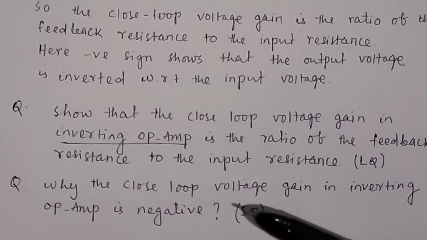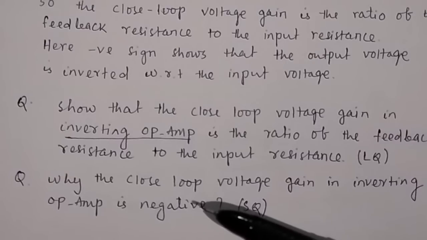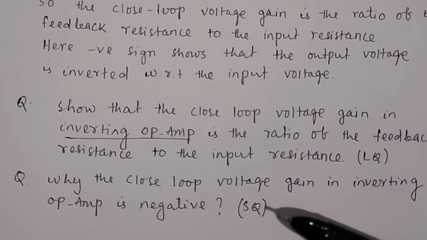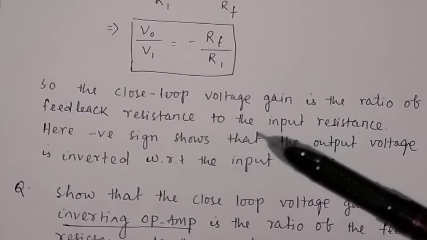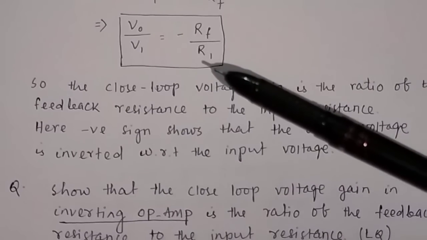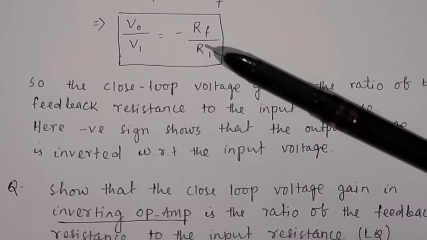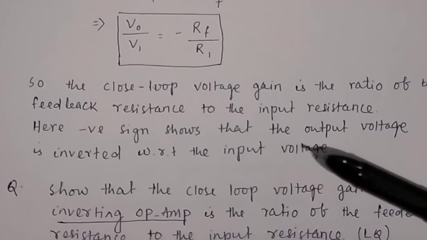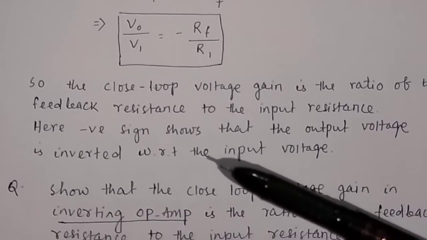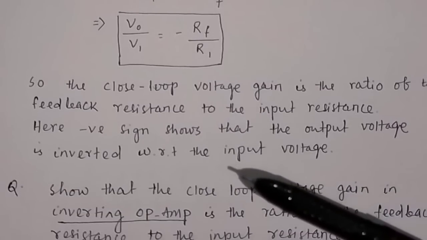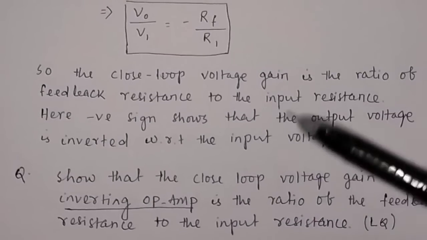Then you also have short questions in the examination. Why is the closed loop gain in inverting operational amplifier negative? I have discussed here: the closed loop gain is negative because the output voltage is inverted with respect to the input voltage.